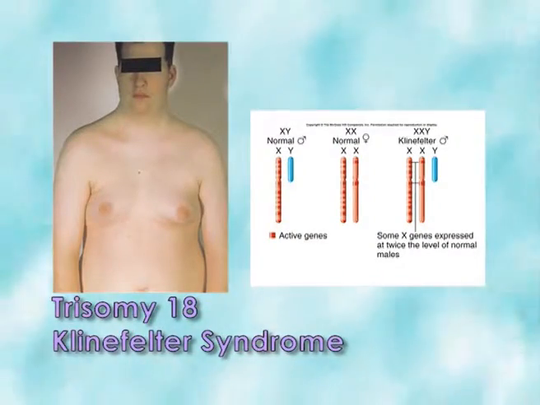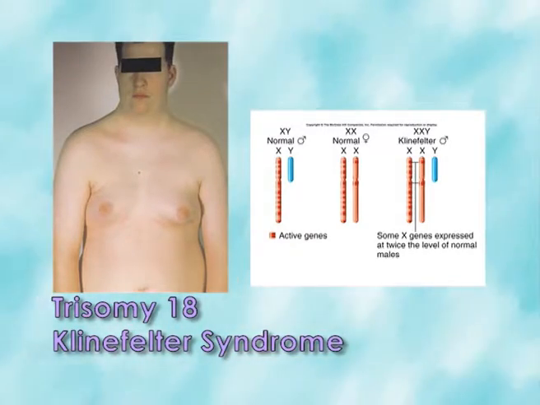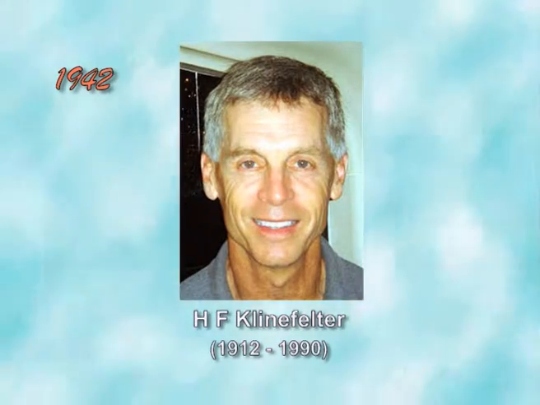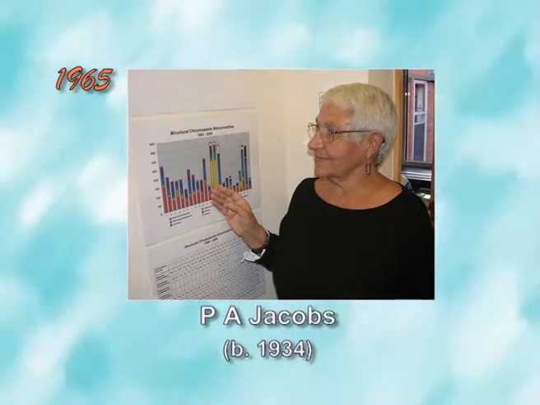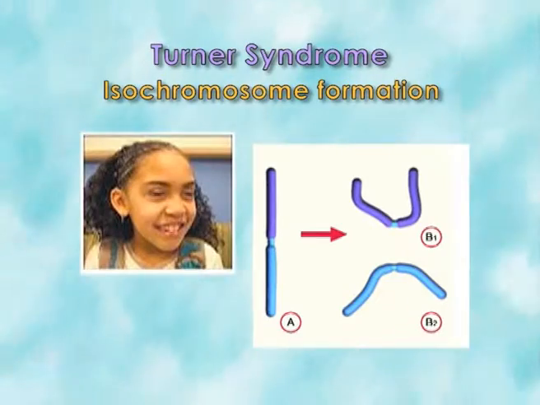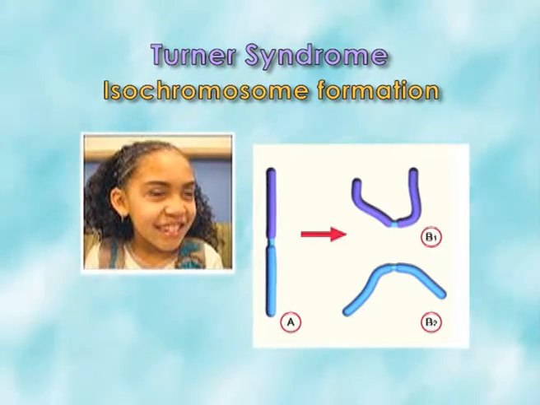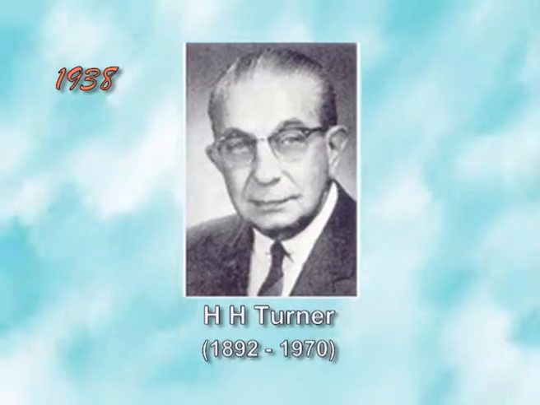Klinefelter syndrome, that is the trisomic with respect to X, 47 XXY, that was established by Klinefelter in 1942. 47 XYY behavior is also found by Jacob in 1965, and Turner syndrome, that is again monosomic with respect to X in female, 45 X, that is found, along with 44 chromosomes, only 1 X is present. It was found in 1938 by Turner. The females are there with abnormalities.